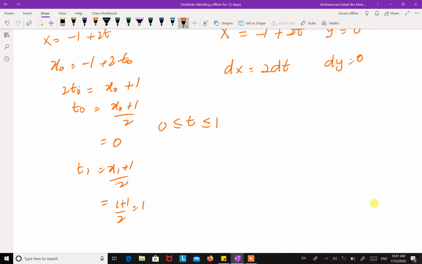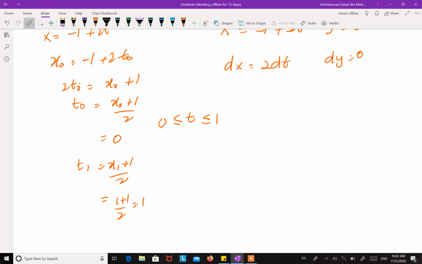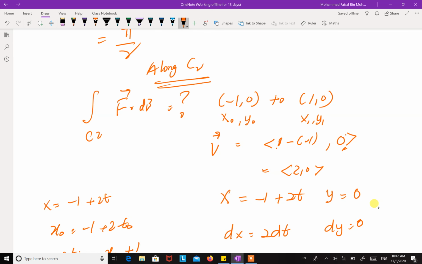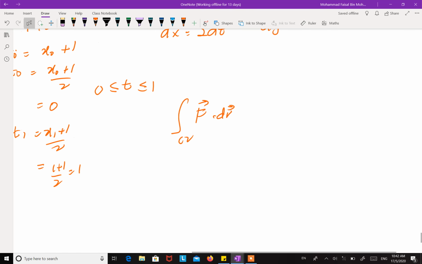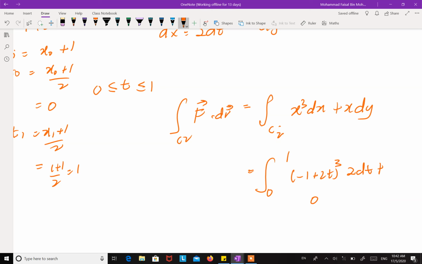So we already found the limits. We already have all the information, so just plug into the formula. That is the integral over C2 of x cubed dx plus the same thing dy, so the integral from 0 to 1 of (-1 plus 2t) cubed times 2 dt plus 0 dt.